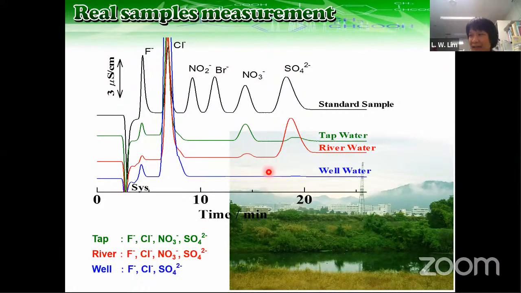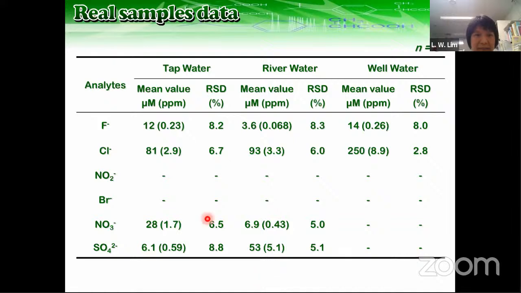This is one example. Some ions you can find in tap water, like fluoride, depend on the area, and sometimes on how you do your water treatment system. We use chlorine a lot. Sometimes the peaks look so big, but when we calculate, the value is less than 1 ppm.